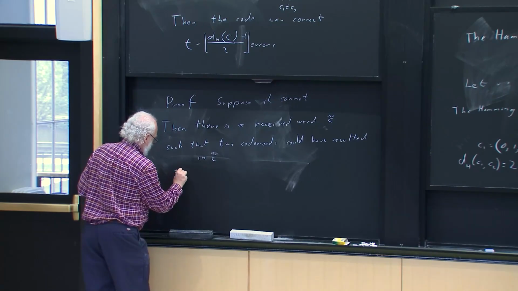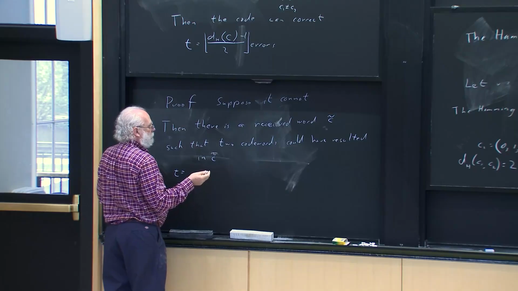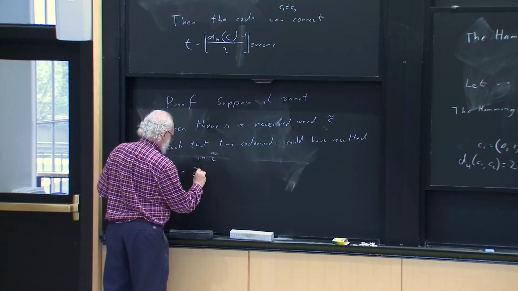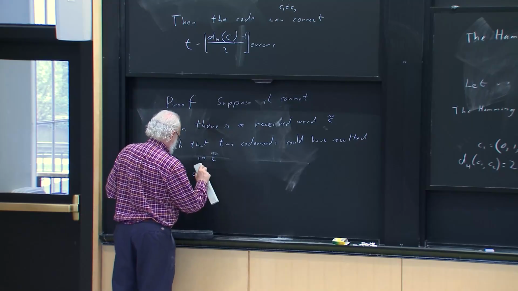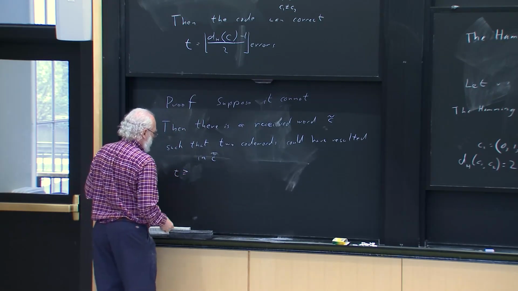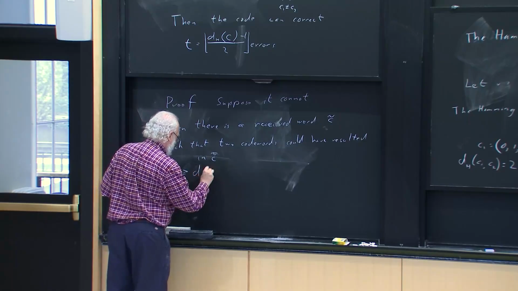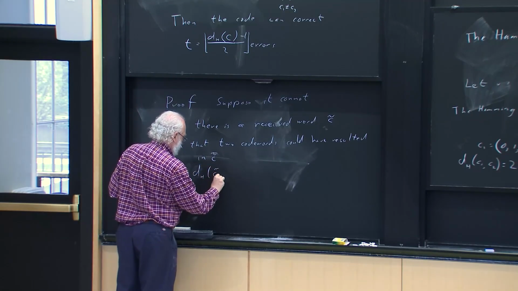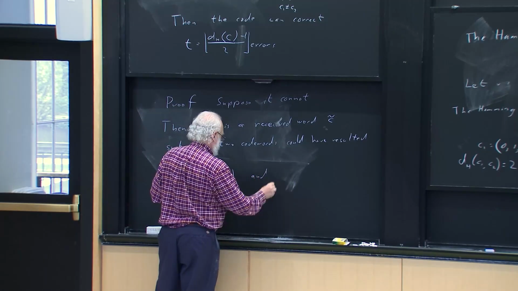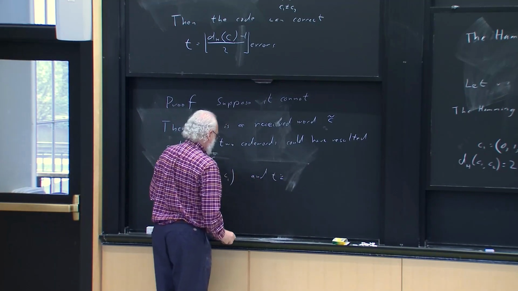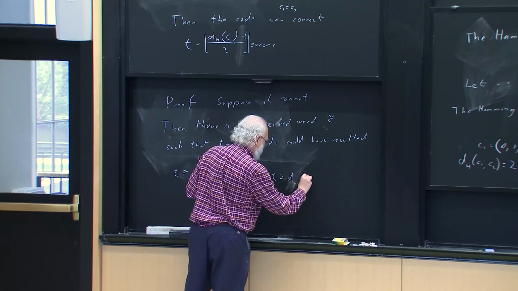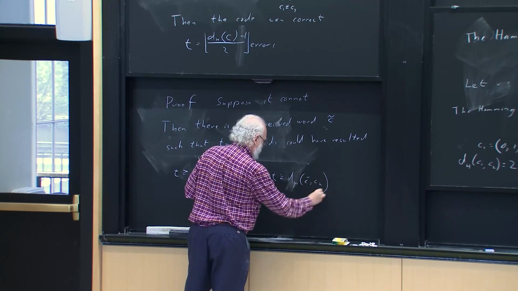So T is greater than or equal to the Hamming distance between C tilde and C1, and T is greater than or equal to the Hamming distance between C tilde and C2.